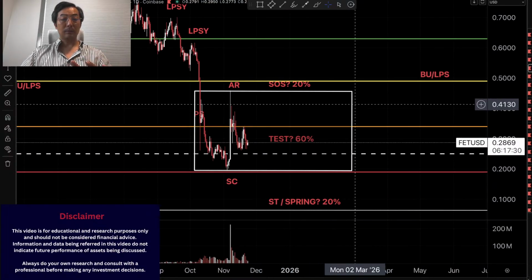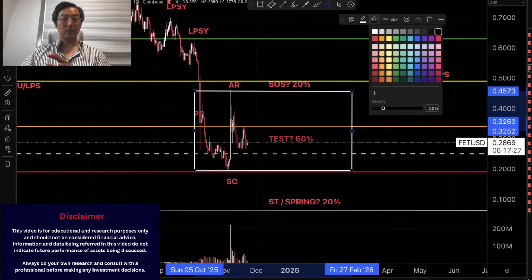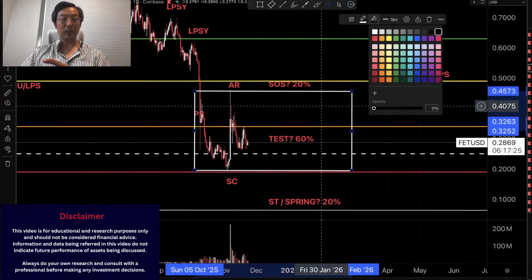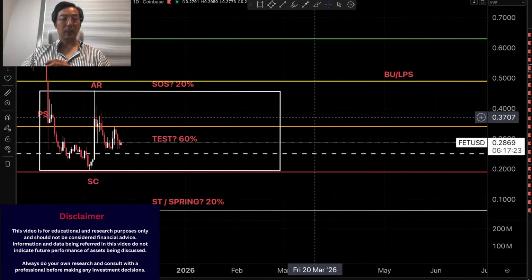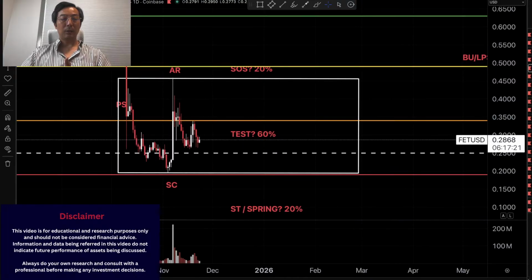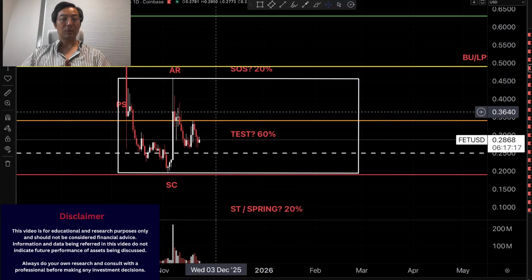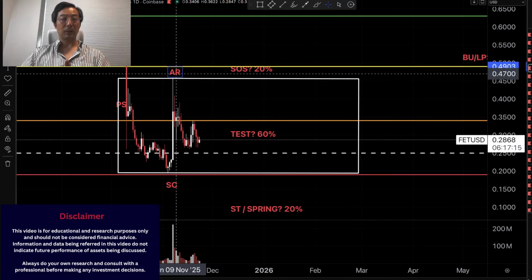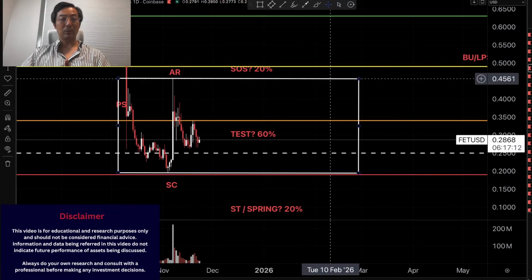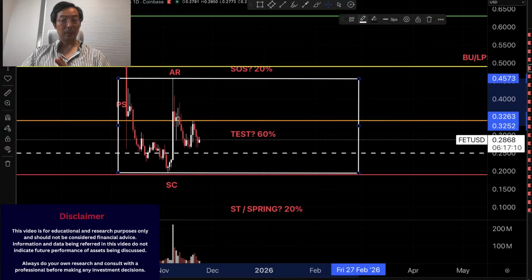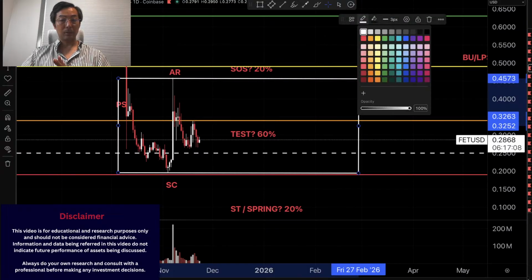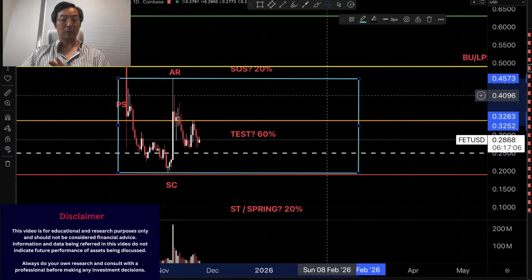When it continues with the sideways trading, what we are hoping to see is a potential challenge above the orange key level, like what it did during the automatic rally, or all the way to the ceiling of this box, assuming this is the horizontal trend.